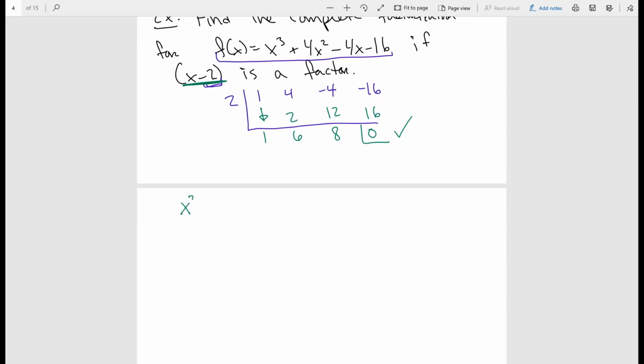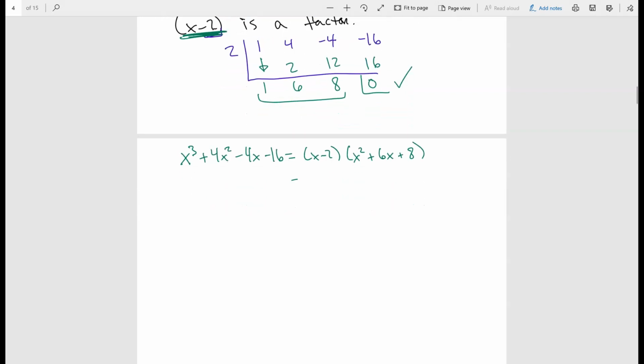So we can write the function x cubed plus 4x squared minus 4x minus 16 as the factor x minus 2 multiplied by this quotient, which is going to be x squared plus 6x plus 8. Okay, then you can try to factor this guy out. It's going to be an x and an x and a 4 and a 2.